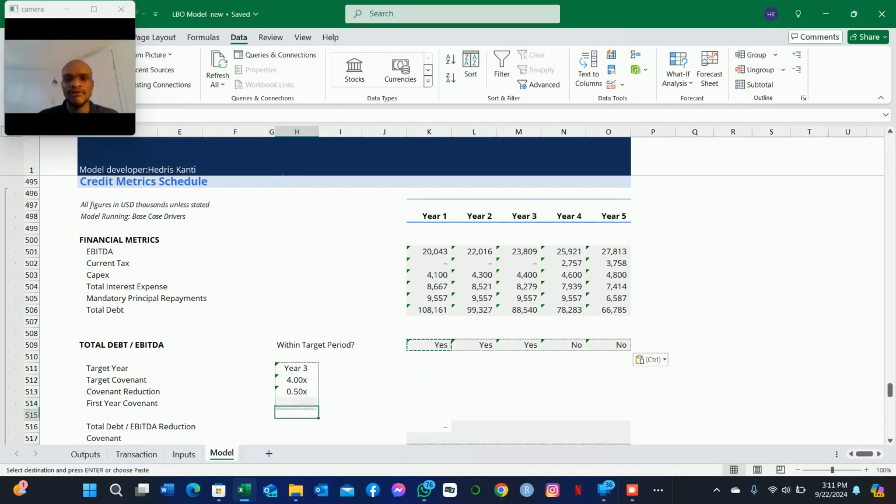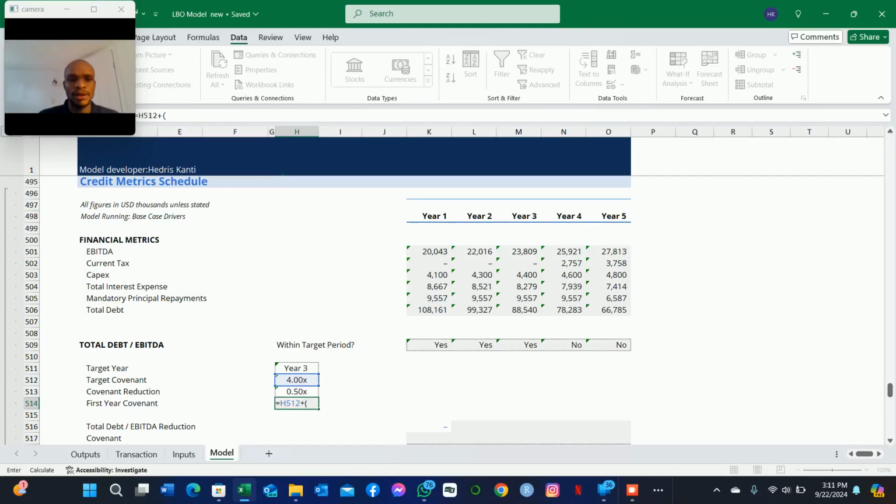The next thing we want to do here is to account for our first year of covenant. It's a very intuitive formula, but we're going to say that it's going to be equal to whatever the target covenant was.